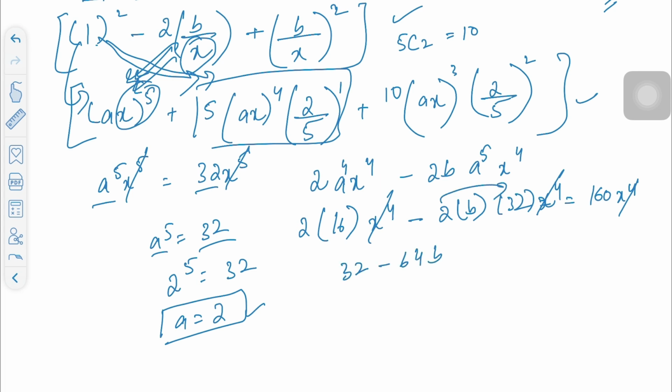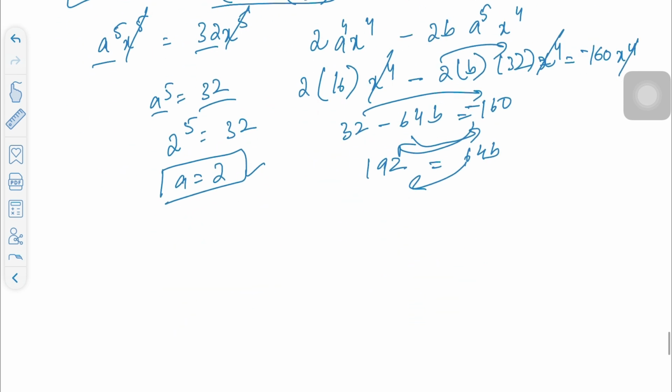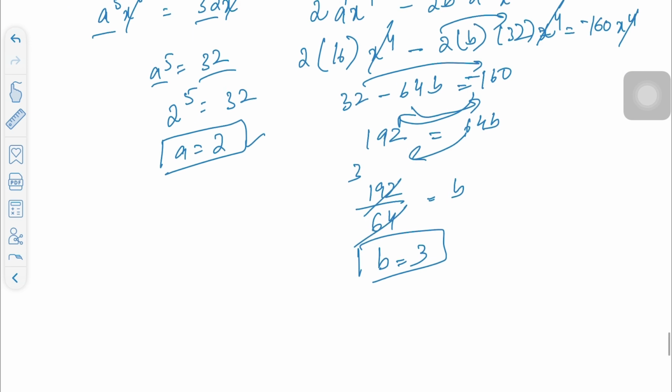This 2 would be multiplied, equals 160, or you can just move this over here. Negative, sorry, this is negative 160. So this 160 will come over here. So this would be 32 plus 160, that is 192 equals 64b. This 64 would be divided, and 192 divided by 64 is basically 3, so b equals 3, right? So we have our b.